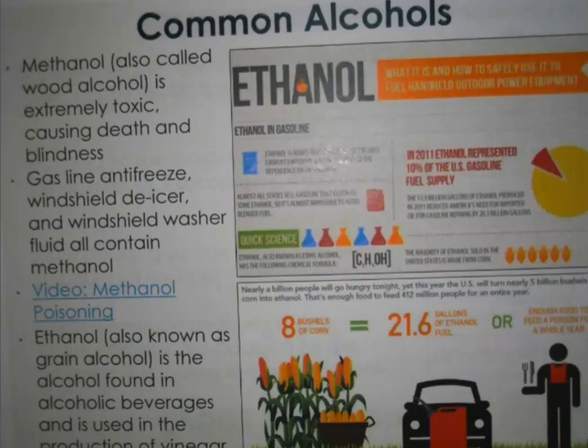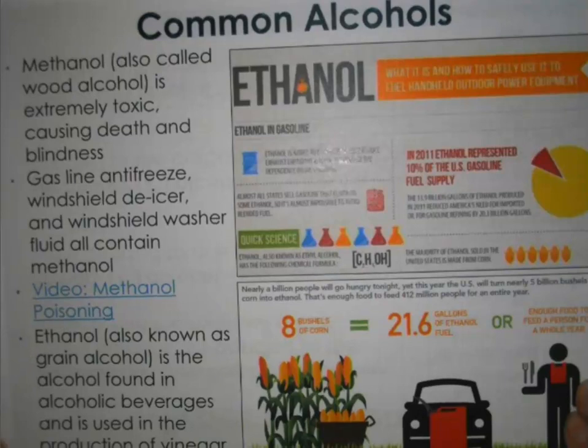What is methanol used for? It's used in a lot of industrial processes. It could be used in antifreeze, it can be used in windshield deicer, windshield washer fluid, for example. All of those things contain methanol. I have a little video in there about methanol poisoning too, if you're interested in seeing a little bit of information about that.